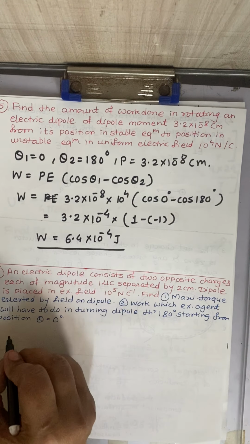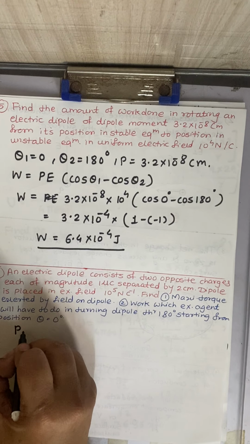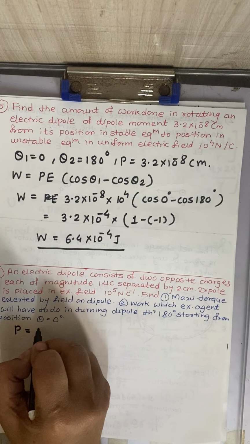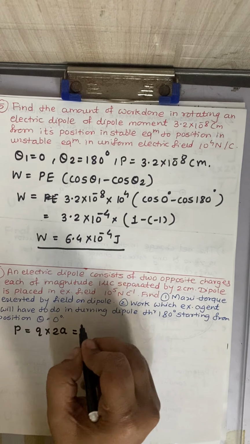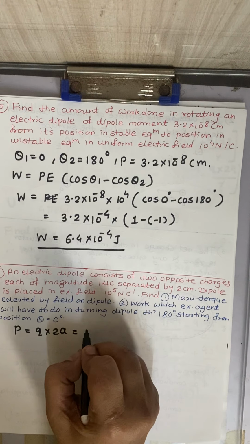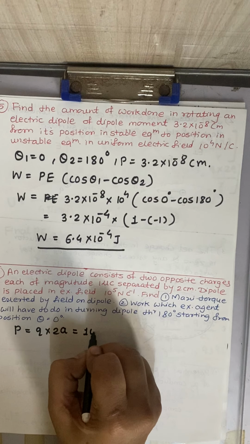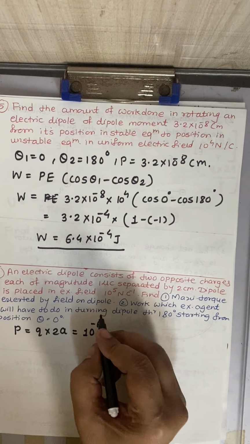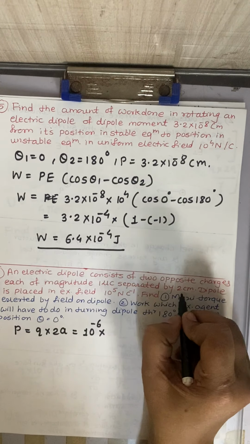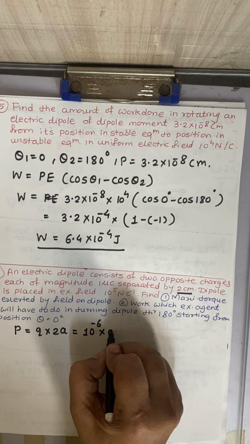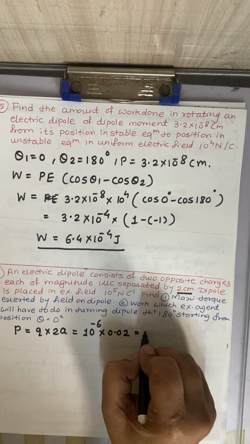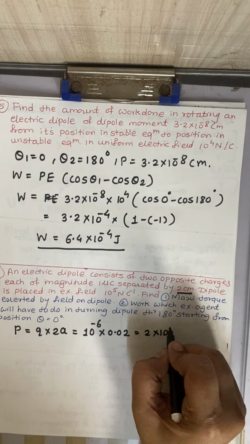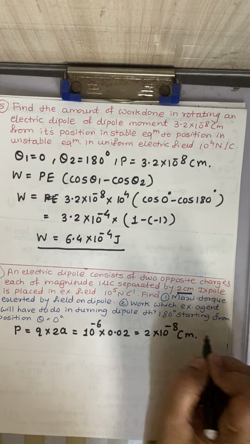First of all, always put the values given. P is equal to Q into 2A, with 1 microcoulomb as 10 raised to minus 6 coulomb, and the distance of separation 2 centimeter as 0.02, which is 2 into 10 raised to minus 8 coulomb meter.